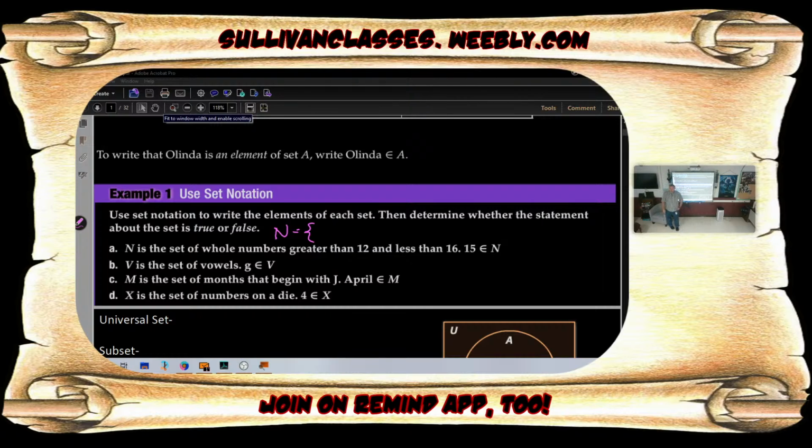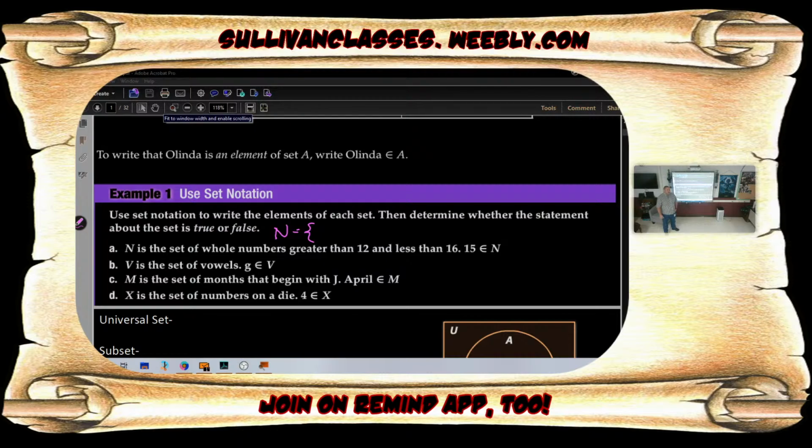What numbers go in this set? Follow the directions. What numbers am I talking about? 12, 13, 14. Greater than 12 and less than 16. So it would be 13, 14.